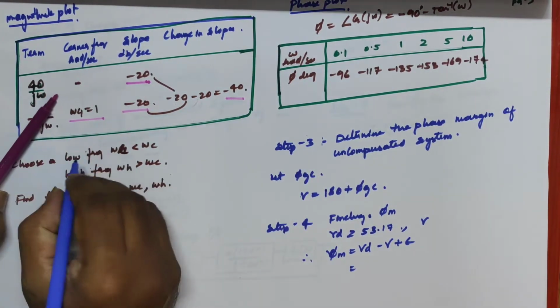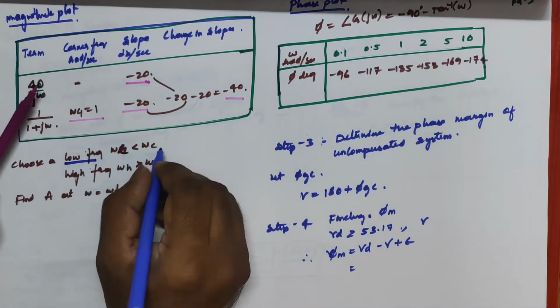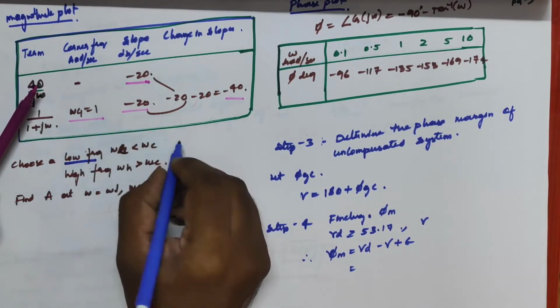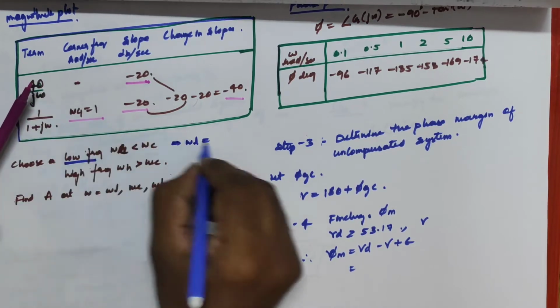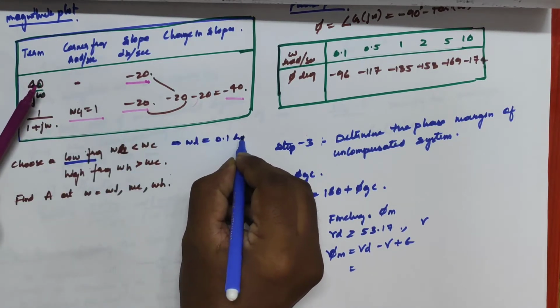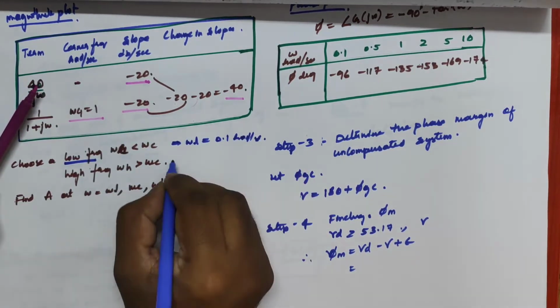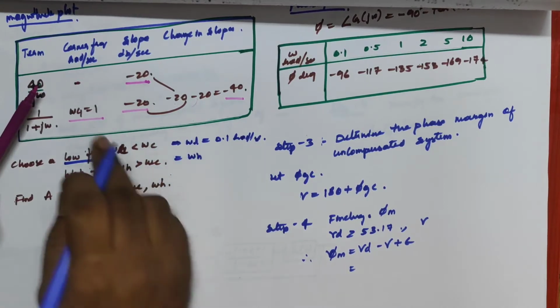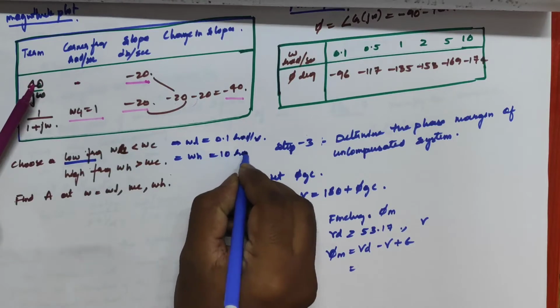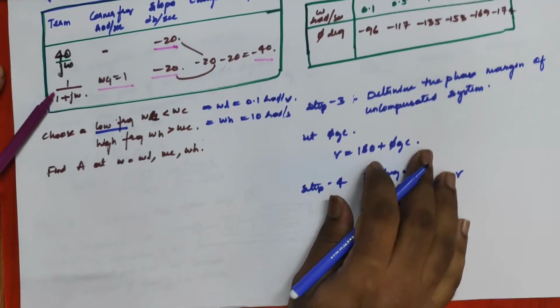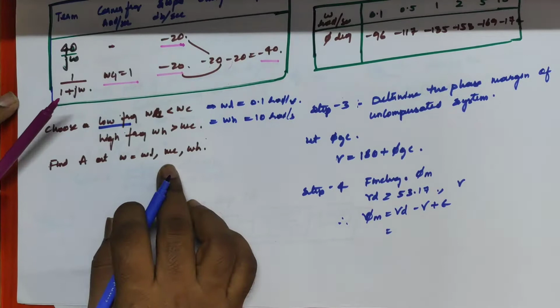Now we have to find the low frequency. I have corner frequency 1, so I keep the lower frequency less than omega c, that is omega l equal to 0.1 radians per second, and the high frequency omega h should be greater than 1, so I'm taking 10 radians per second. Now we'll find A at different frequencies.